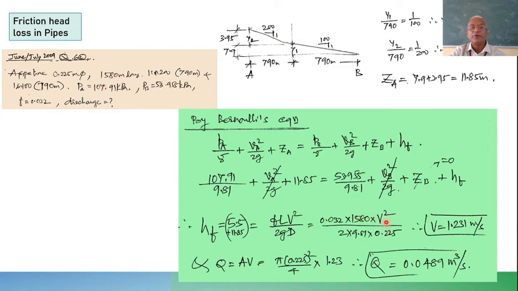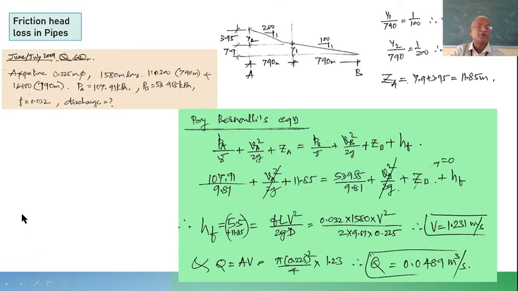V squared we don't know, 2G, D is 0.225. So V is 1.231, as I have told you, V is known, so Q is equal to A into V. A is pi D squared by 4, into V. Q comes out to be 0.0489 or 48.9 liter per second.